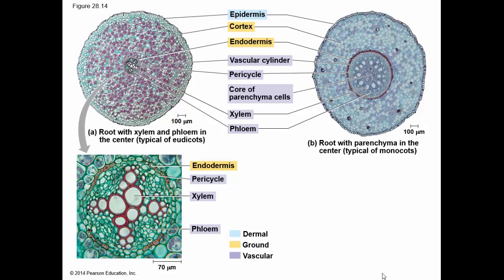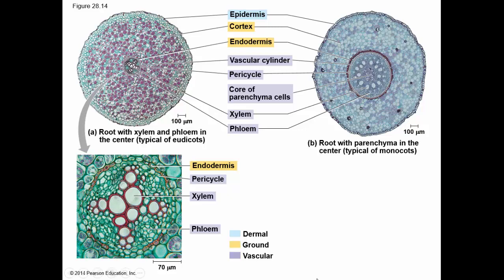And then we always have a layer called the endodermis. Okay, remember that endo means inside of, whereas epi means on the outside of. The endodermis surrounds the vascular cylinder, providing a buffer between it and the surrounding tissue.